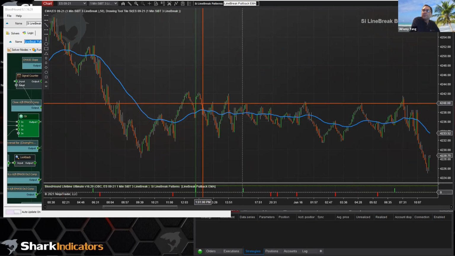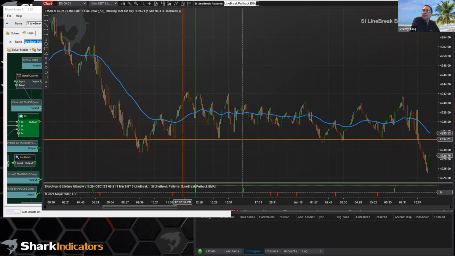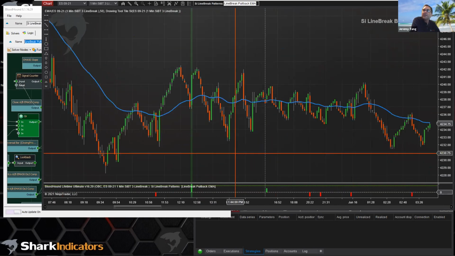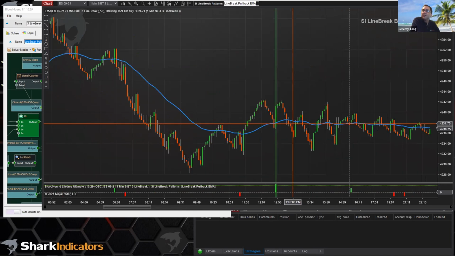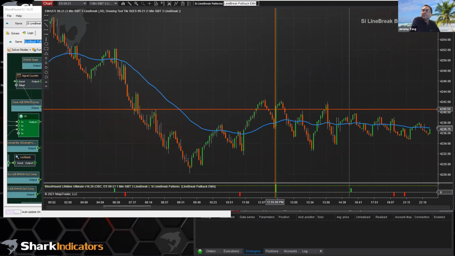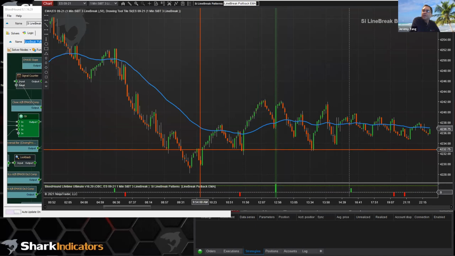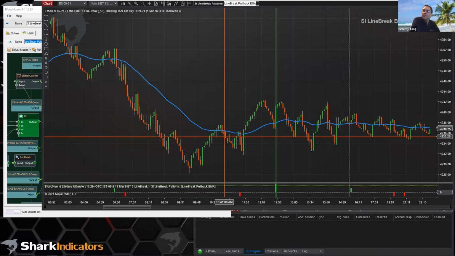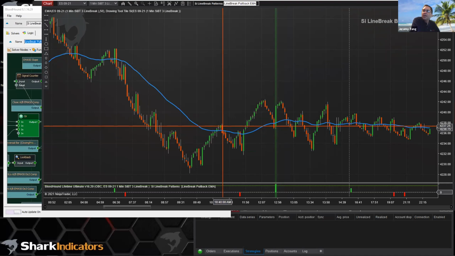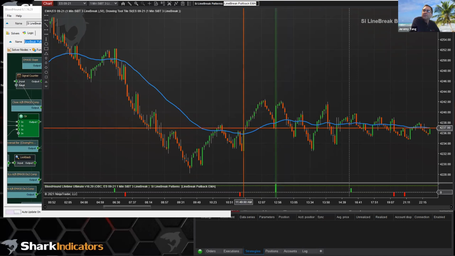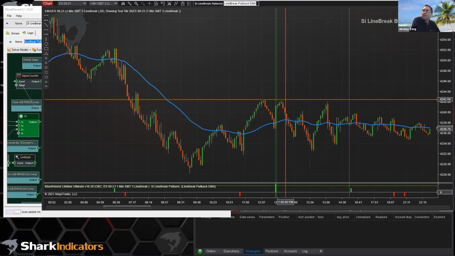And if you look at this in context, that looked like it could have been the beginning of a nice uptrend. We had a nice downtrend, and then the market made a new high, a higher low, a new high, a higher low. So the market was stair stepping up.